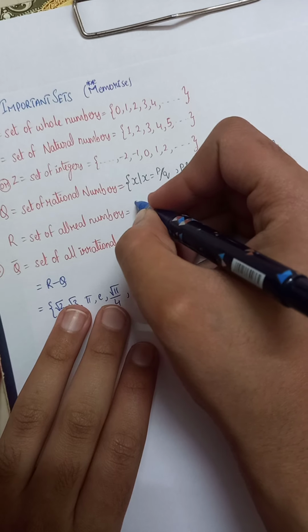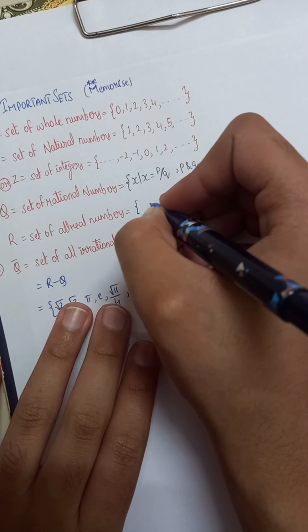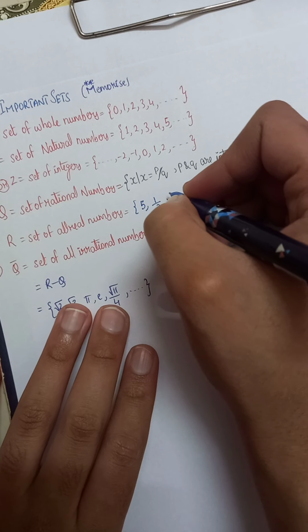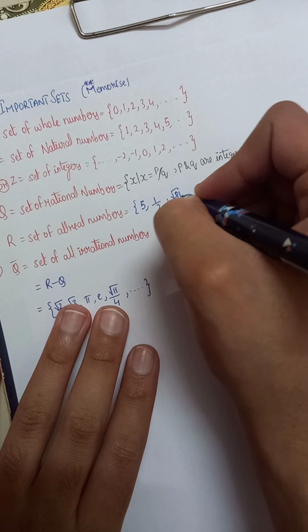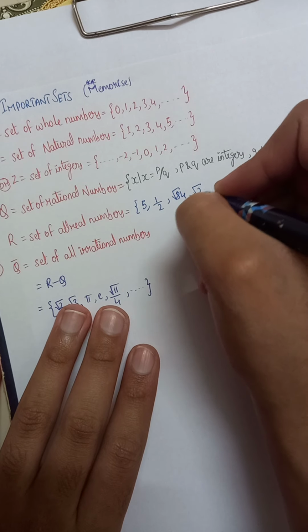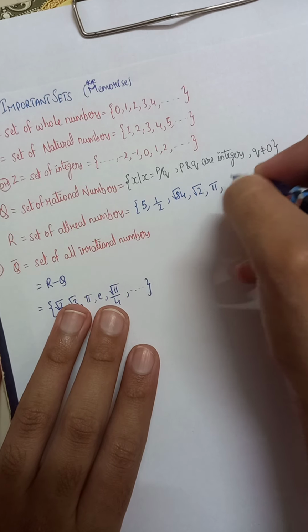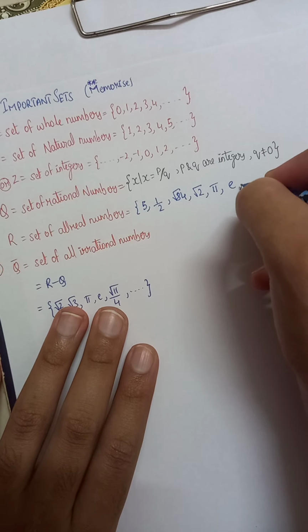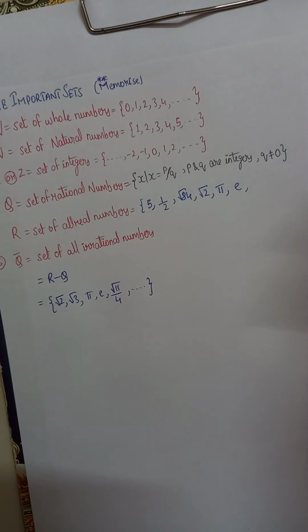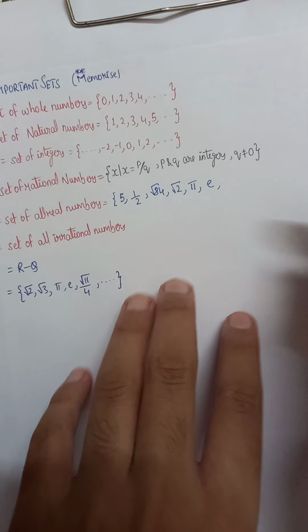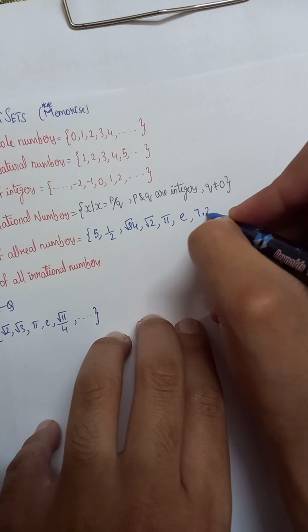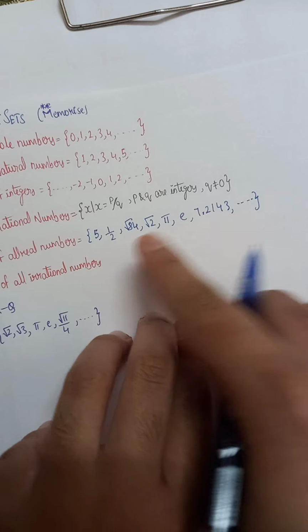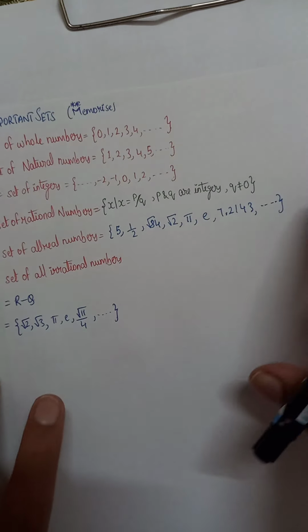Many numbers can come here: you can take 5, 1 by 2, root 84, root 2, pi, that is 3.14, and e, which is 2.71. If you take some decimal values also, like 7.2143 and so on, these are all considered real numbers.